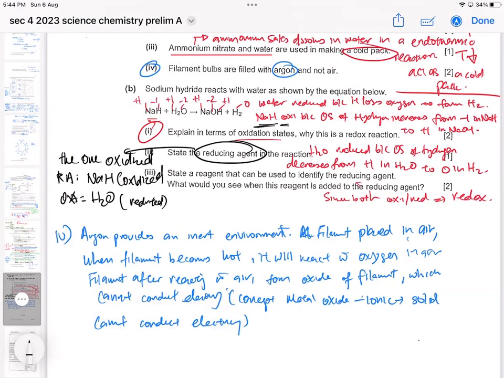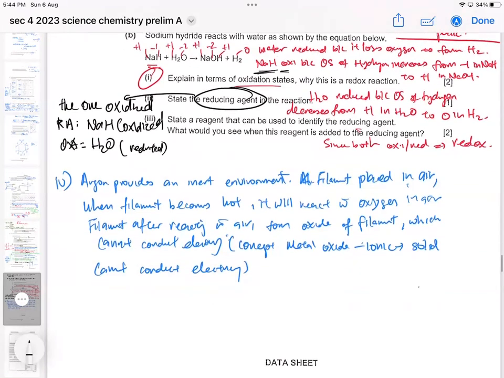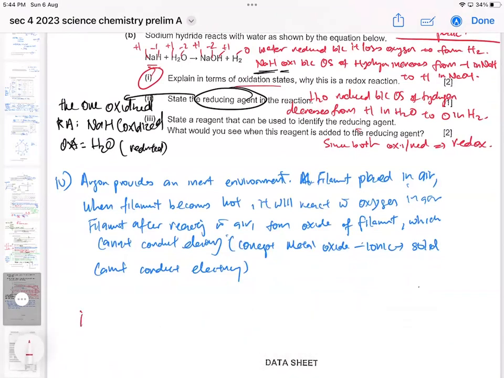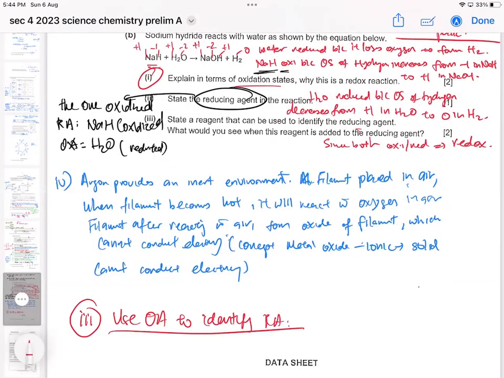Right, last question. Identify reducing agents. So I will use an oxidizing agent to identify the reducing agent. The easiest oxidizing agent you can use is acidified KMnO4.